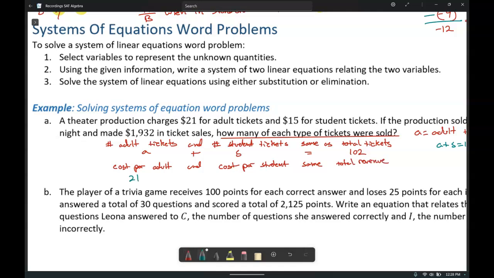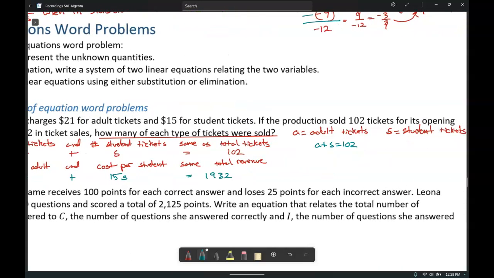So if it's $21 per adult ticket and $15 per student ticket, it has to equal the $1,932, and now we have our second equation: 21A plus 15S equals 1,932. So now we can go ahead and actually solve our equation.